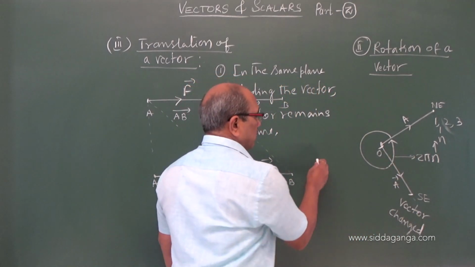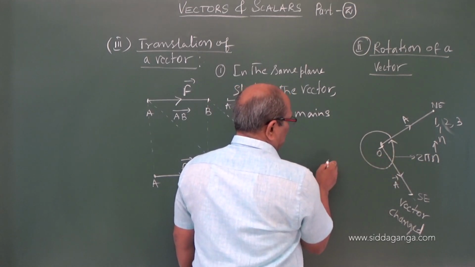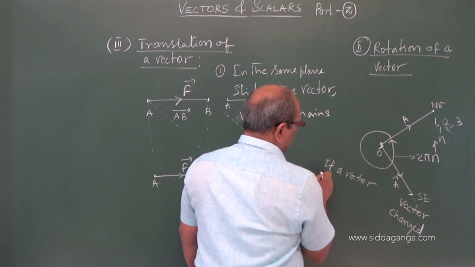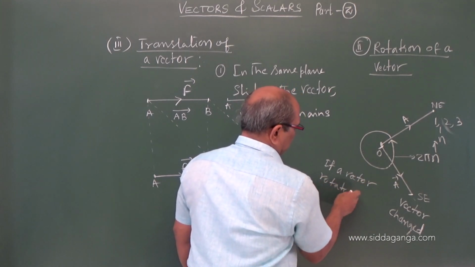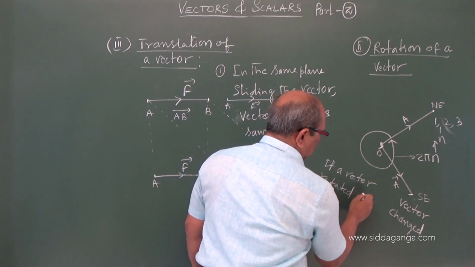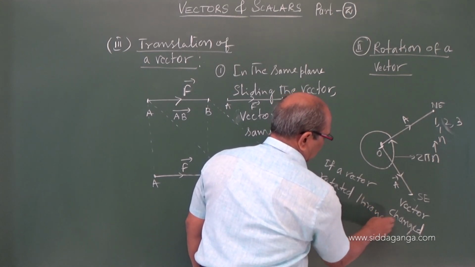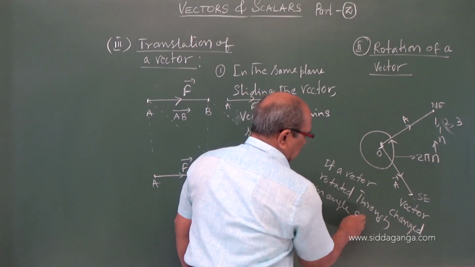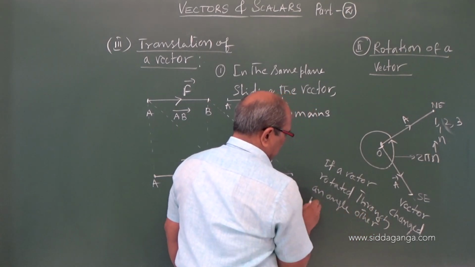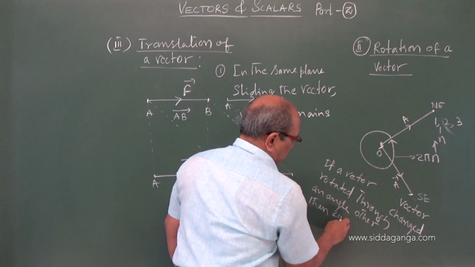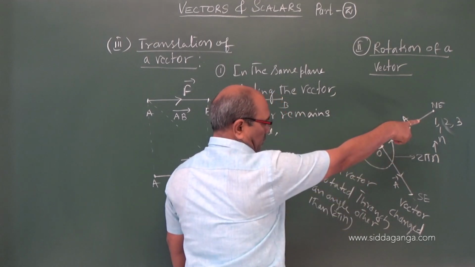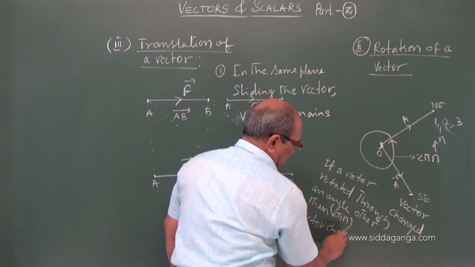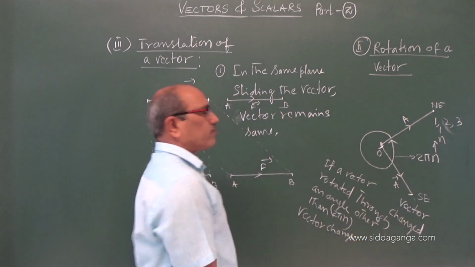Therefore I say, if a vector is rotated through an angle other than 2 pi n, with n an integer, the vector changes. Please remember this.